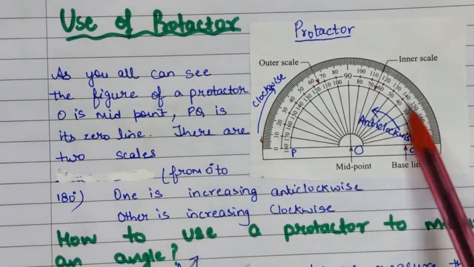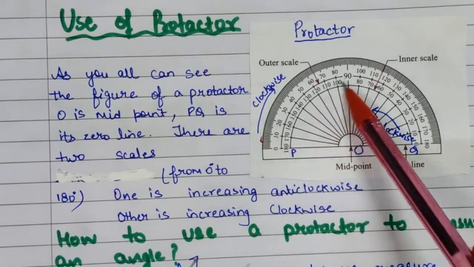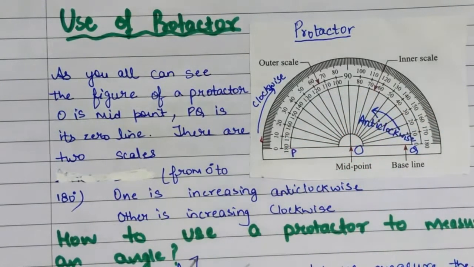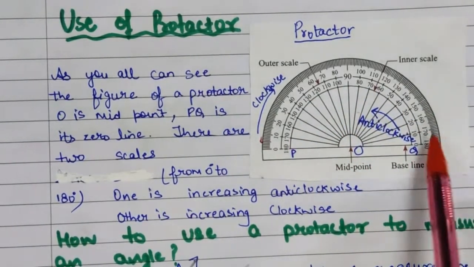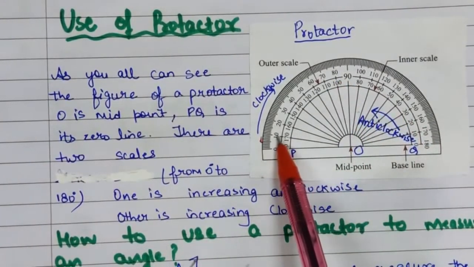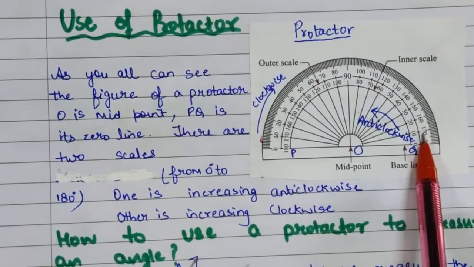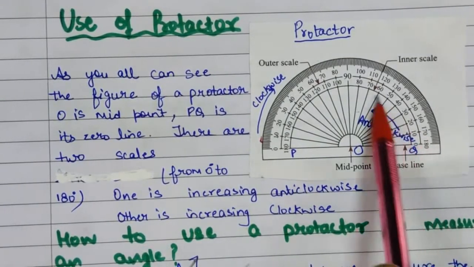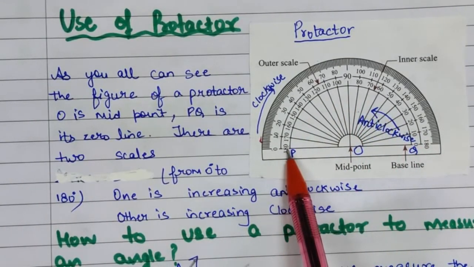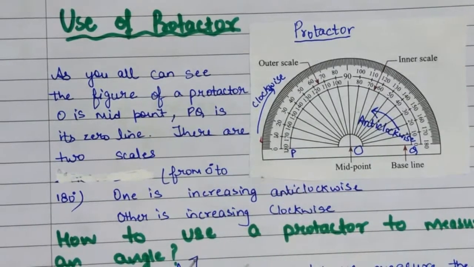There are two scales. One is this, as you can see here, and the other is this. One is 0 to 180 in clockwise and the other is 0 to 180 in anti-clockwise. So we have two scales.